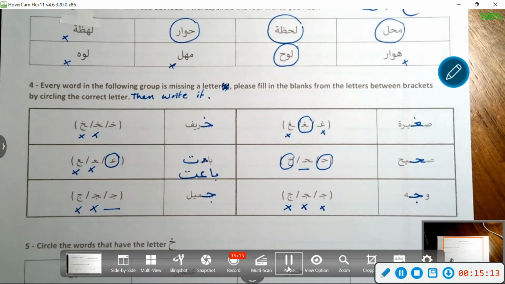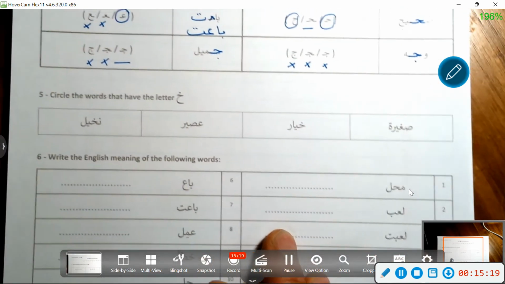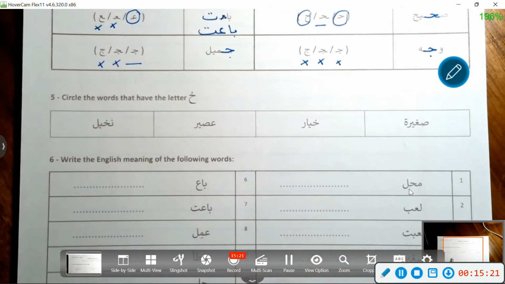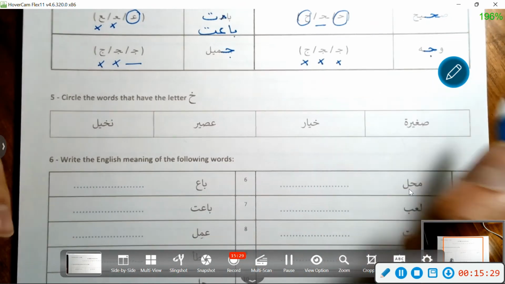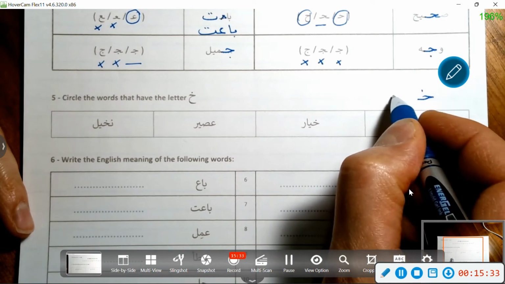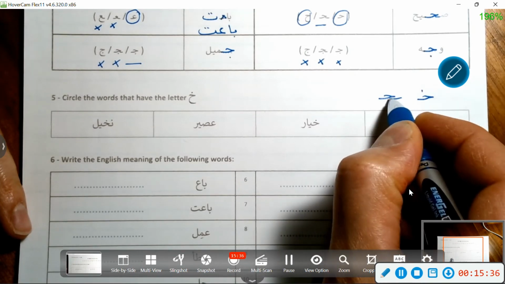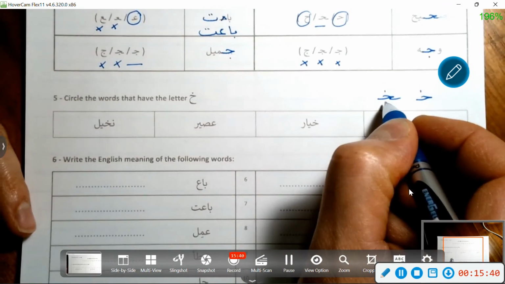Now we're gonna go to the next question. The question asks to circle the words that have the letter kha. Now kha comes in 3 different shapes. At the beginning, at the end, it's connected like that, and in the middle, I'm sorry, and at the end connect like that.